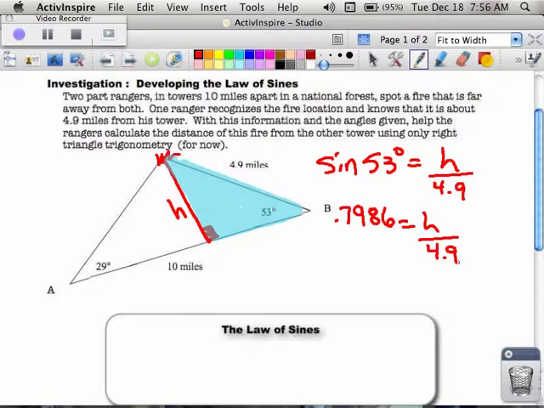And yesterday we also talked about if our variable is on top, what do we do with the two numbers? We multiply. So we're going to take that 0.7986 and times it by 4.9.